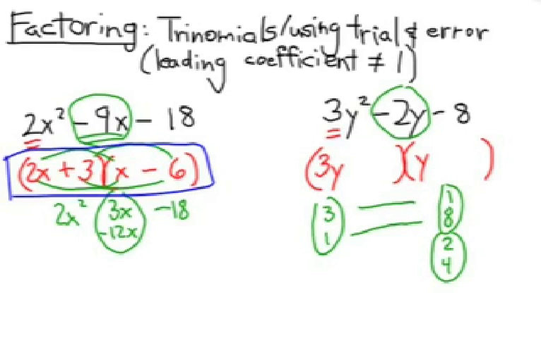Well, that would be 3 and 8. And any way to add or subtract those to get a negative 2? No. How about a different combination using those numbers? How about 3 times 8 is 24 and 1 times 1 is 1? 24 is going to be way too big. There's no way to get a negative 2 middle term there. All right, so we can erase that and then ignore that.